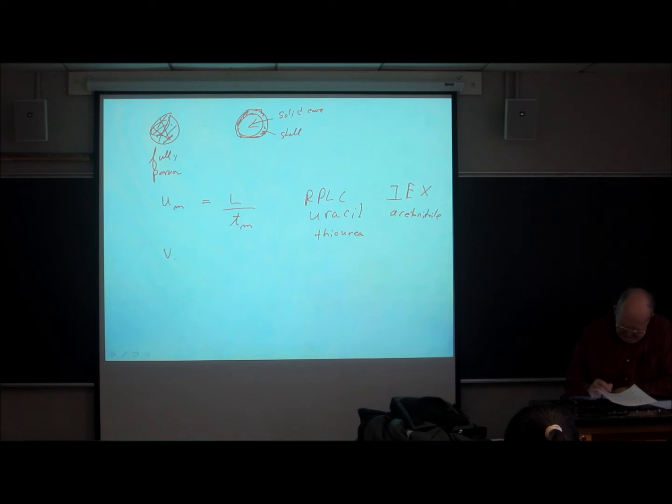Okay, the total volume, the dead volume, would be the sum of VE and VI, and that would simply be the flow rate times the dead time of the column.